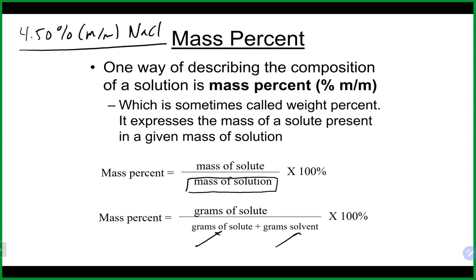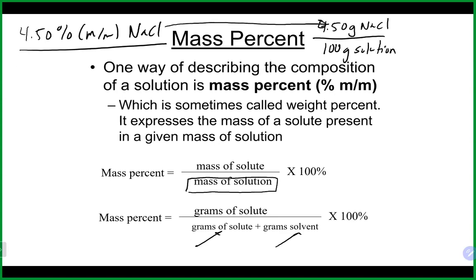So a 4.5% by mass sodium chloride solution means I would have 4.50 grams of sodium chloride in 100 grams of solution. That is how you could convert out of the percentage into a usable conversion factor.